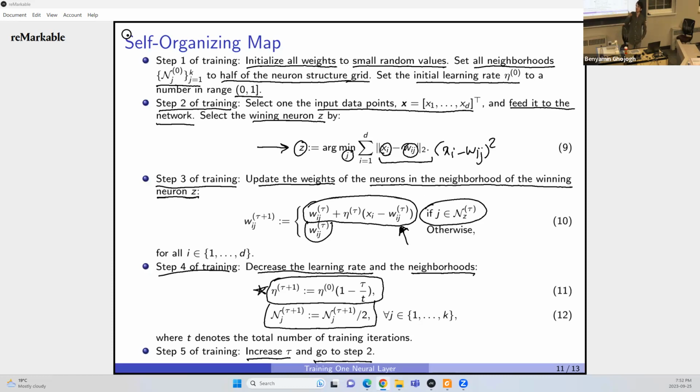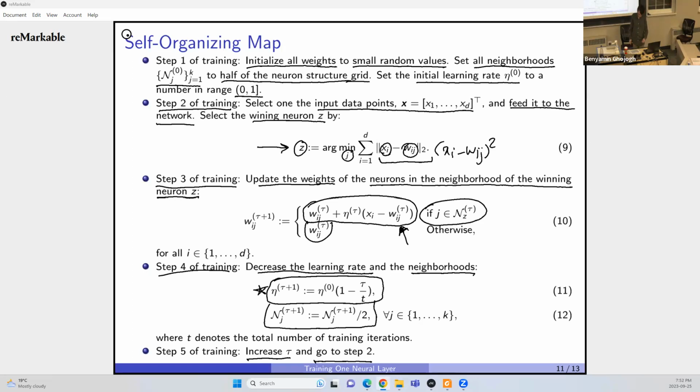Now in the test phase, when a data point comes, you can use equation 9, see which weight is closer to that data point, so you can assign that data point to that neuron, and that winning neuron determines the cluster index of that data point.